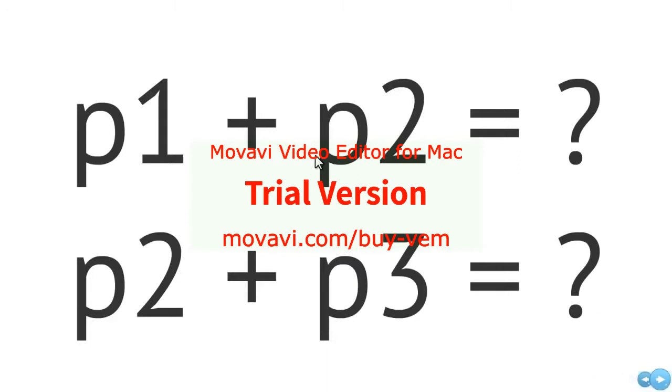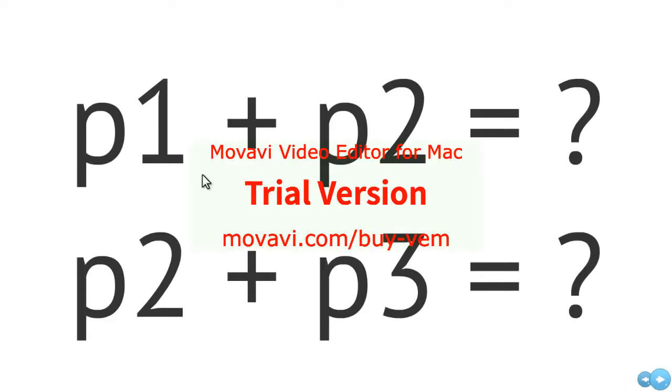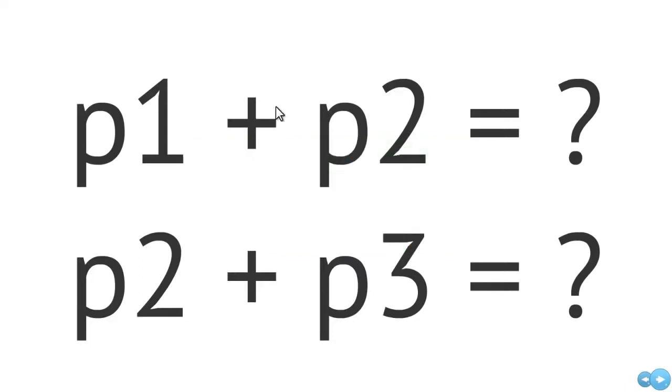We'd have to define what this plus symbol means whenever we have two player objects. P1 and P2 are player objects, same thing with P2 and P3. It may be the case that we're doing some sort of mathematical computation based upon their age, strength, and intelligence to add these two players up and come up with some particular value. We don't know, but we could define that. And that would involve overloading the plus operator for the type player.